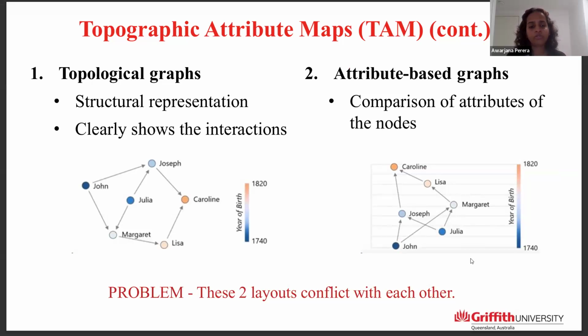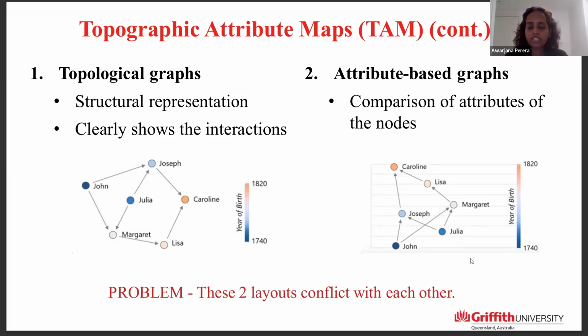And it mainly focuses on clearly representing the interactions and also concerned about the layout of the graph. And on the other hand, attribute-based graphs, they do not focus on the layout of the graph. Instead, they are focusing on representing the data based on their values.